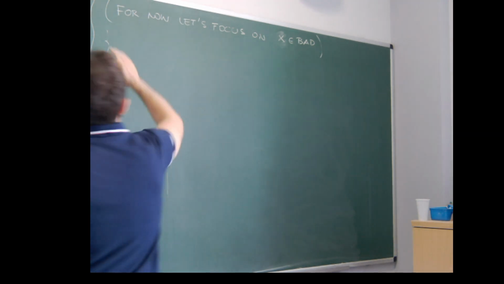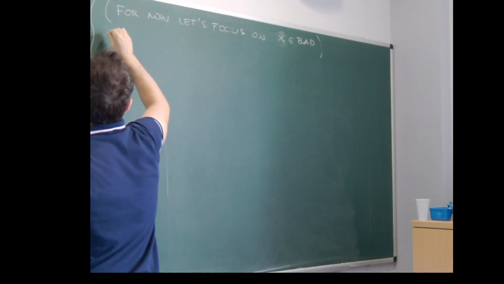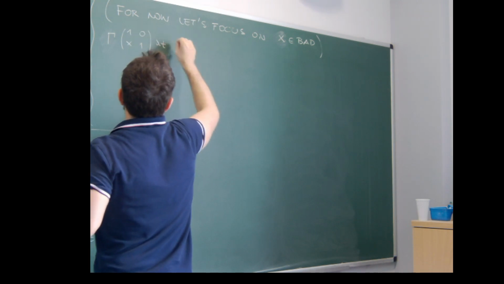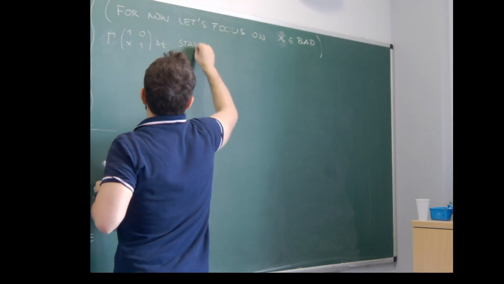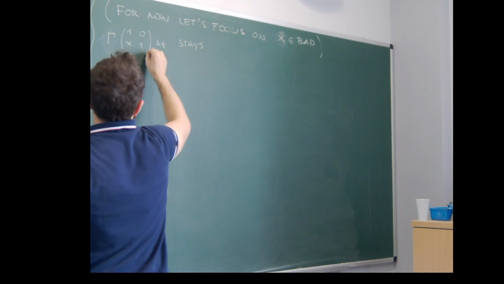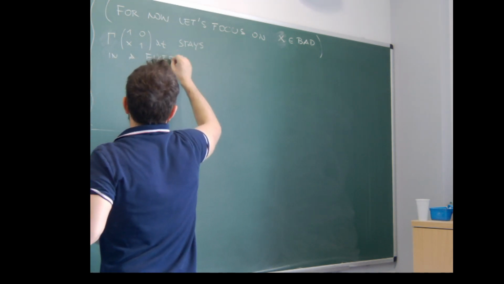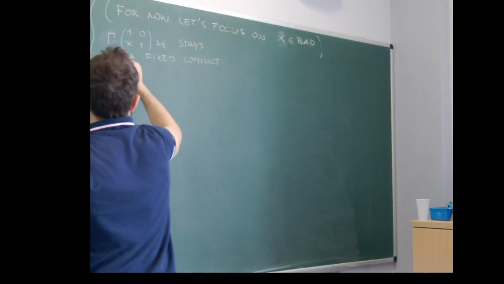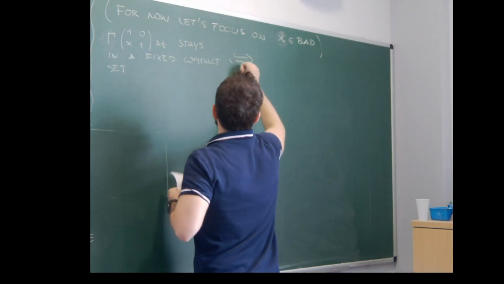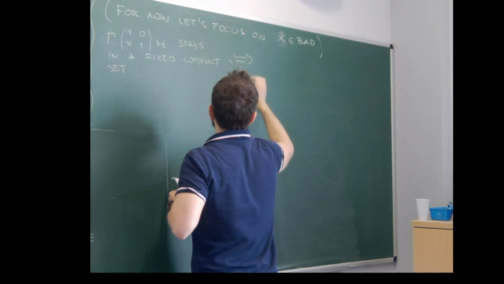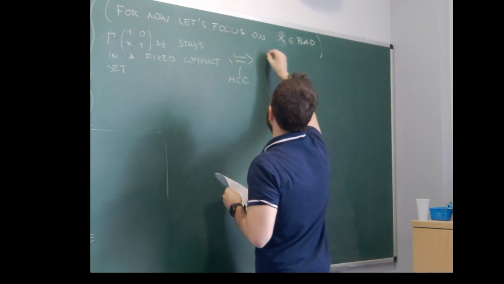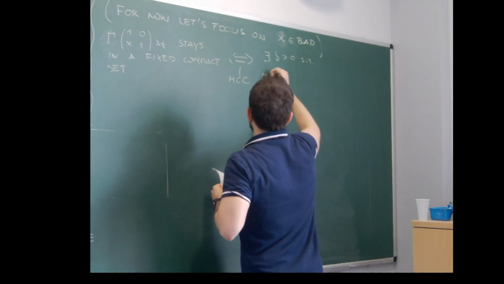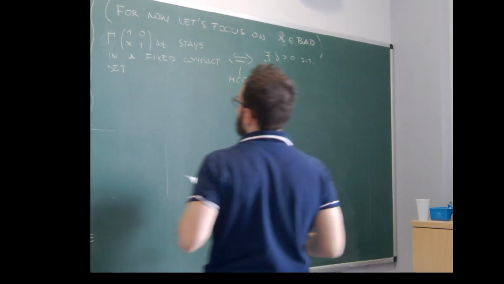So gamma (1, 0; x, 1) a_t stays in a fixed compact set if and only if, by Mahler's compactness criterion, there exists delta positive such that the maximum between what?